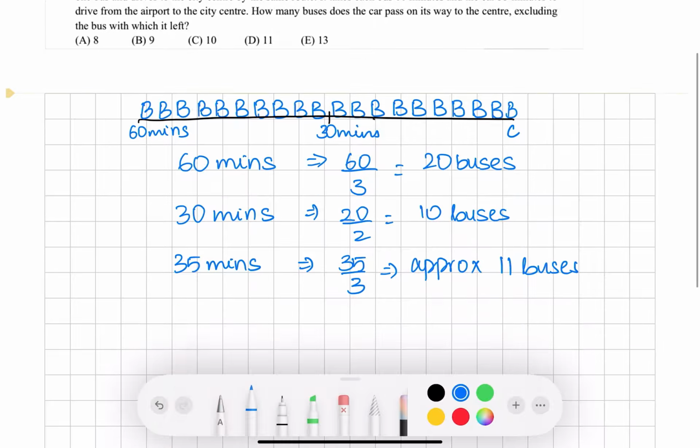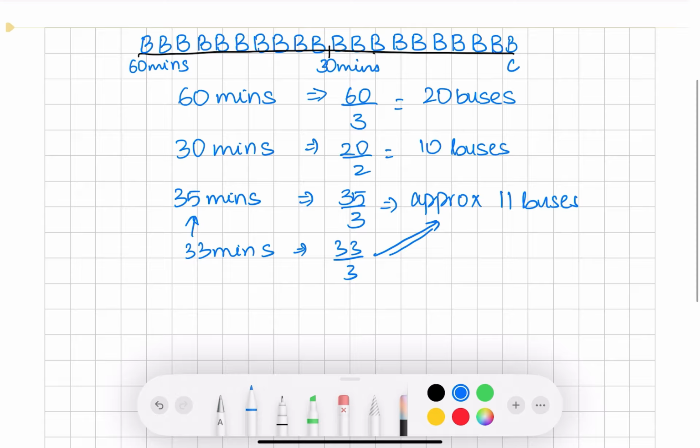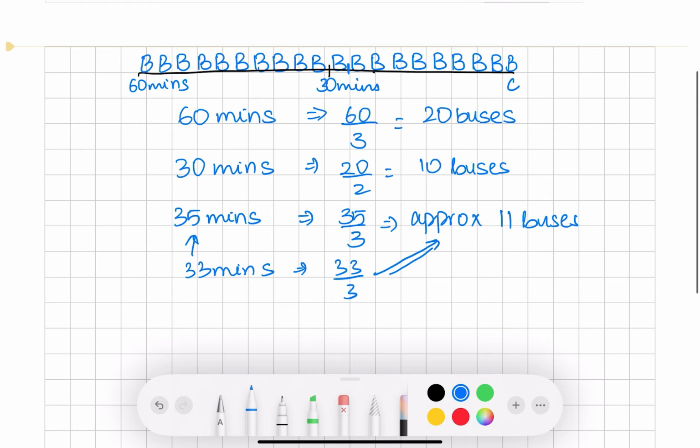Or I can do, well, the closest to 35 is 33 minutes, which will give me a whole number, right? 33 divided by 3, which is approximately 11 buses again. So I know that 11 of these buses, I won't be able to see them. They're all gone, because the car just started with this bus.